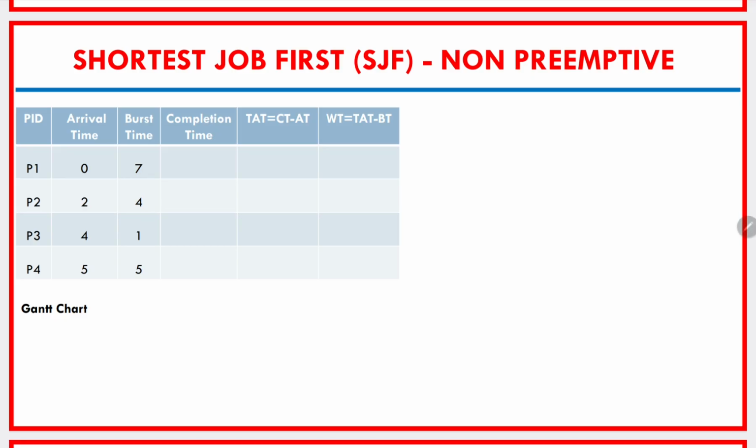One more thing: in this scenario we don't have any two processes with the same arrival time. Otherwise, if two processes have the same arrival time, FCFS can be used to break that tie. Suppose there were two processes with arrival time 2, we could have used FCFS and resolved that tie.